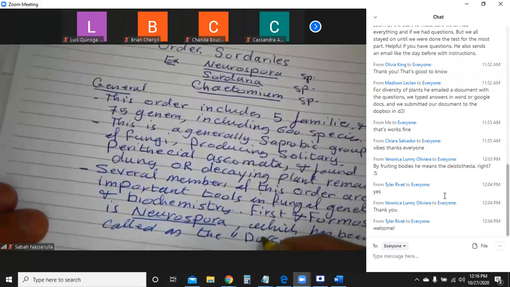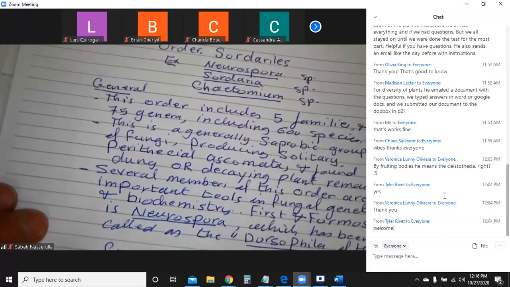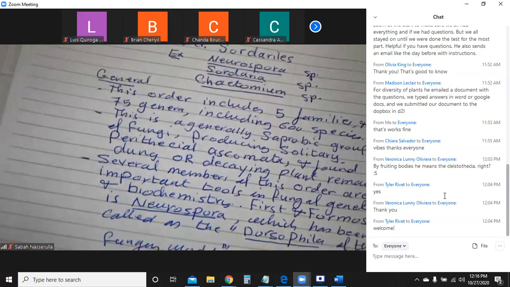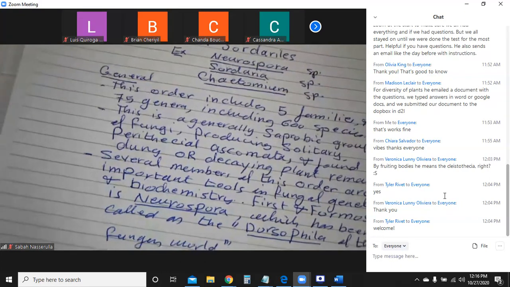You know, Drosophila is the name of the genus of the fruiting fly. Because in most laws of genetics we use Drosophila, but in fungi this is what we call the Drosophila of the fungus world.